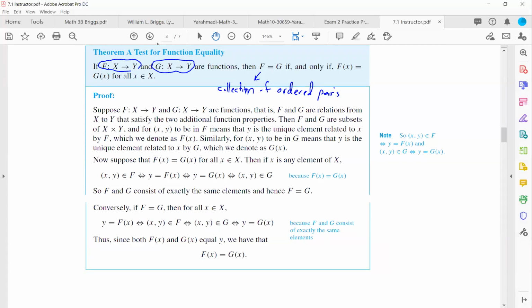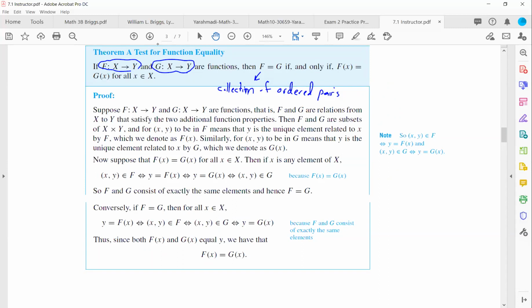Two ordered pairs are equal to each other if and only if their first coordinates are the same and the second coordinates are also the same. So f and g are relations from X to Y, and they satisfy the two additional function properties. F and g are subsets of the Cartesian product X and Y.